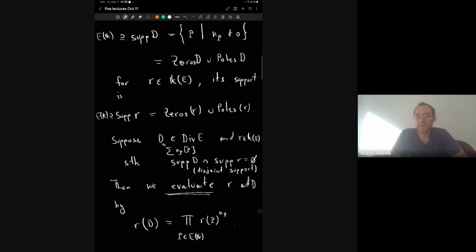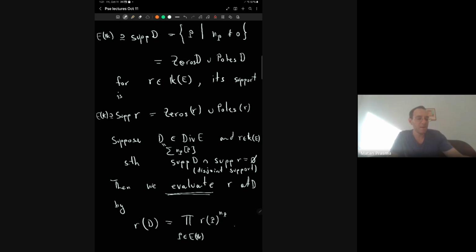Yep. For a divisor, we don't formally say that a point is a zero or a pole, right? Because a divisor is not necessarily a principal divisor.